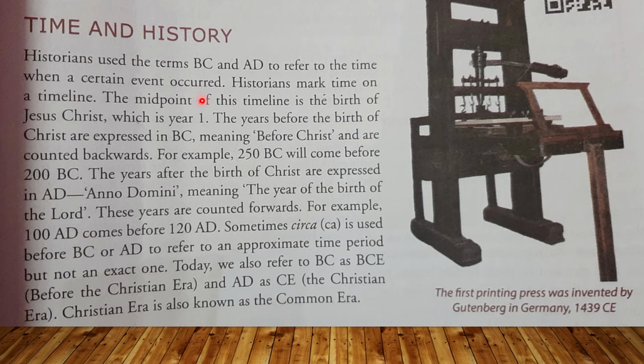Historians mark events on a timeline. As I told you in the unit, when you saw Stone Age civilization, Greek civilization, Indus Valley civilization, River Valley civilization, Magadha and Mauryan Empire, Delhi Sultanate, Gupta Empire, they use these on a timeline.